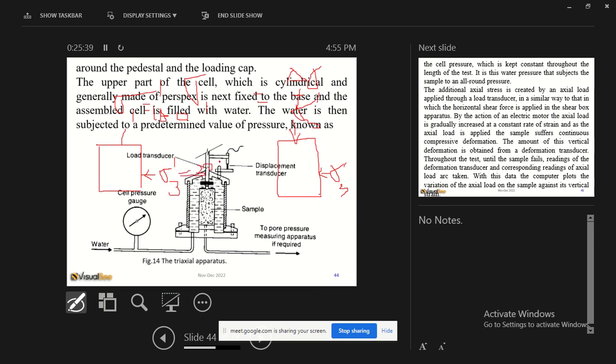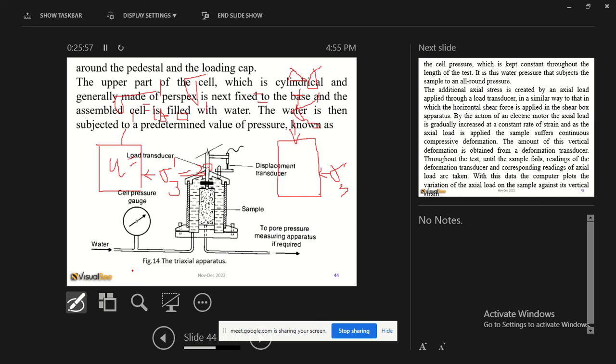And this has load transducers and sensors that show exactly how much you're loading it. Also, inside the sample there are transducers that can tell you how much the pore water pressure is.